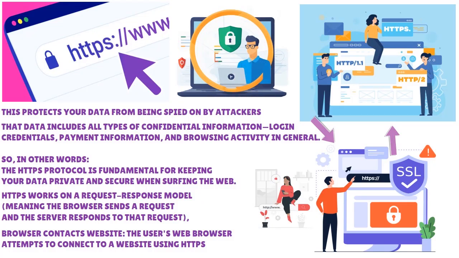HTTP transfers data as plain text. This means anyone can easily intercept and read it. With a lot of bad actors online, actors with sneaky intentions are going to have software to spy on your communication.